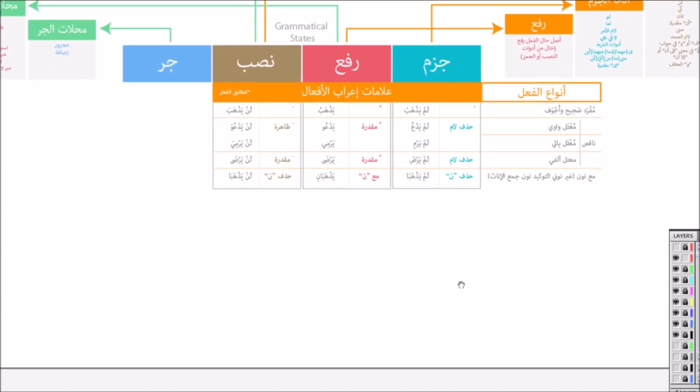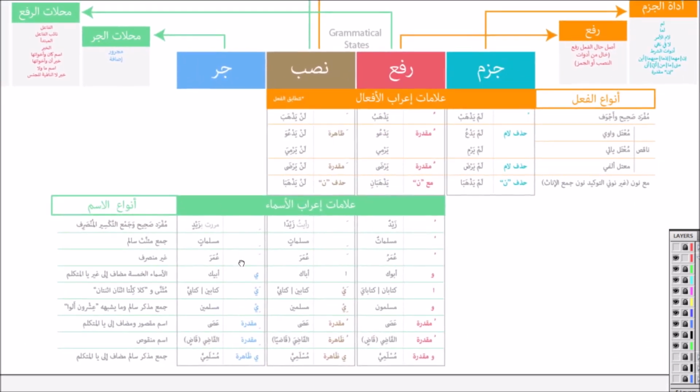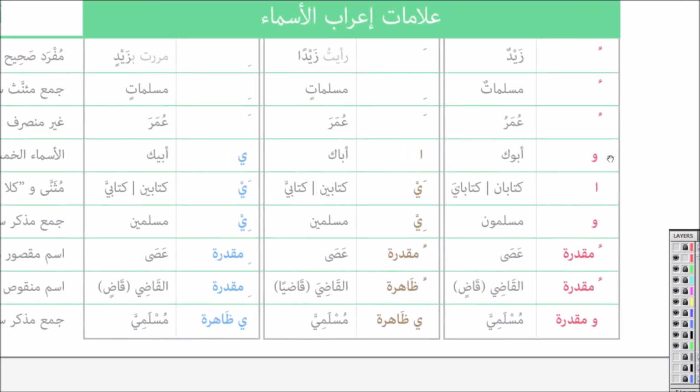Then we have the nouns, which are reflected in the state of rafa, nasab and jar, according to what type of noun they are, depends on how they reflect in each of those three different states.